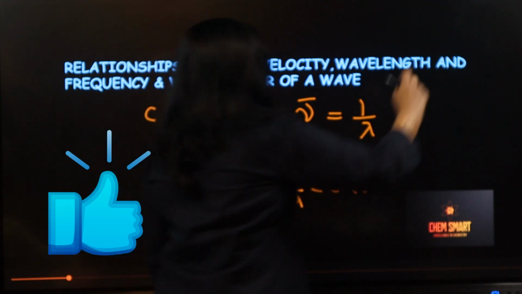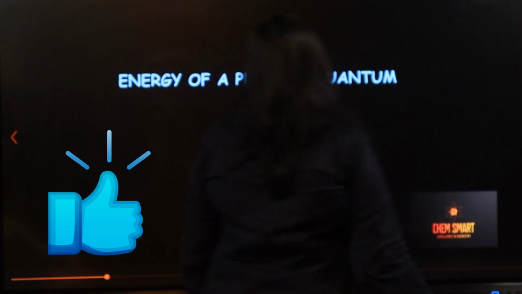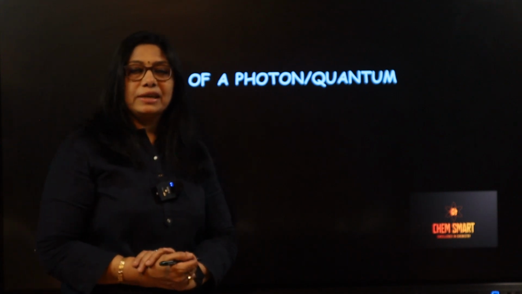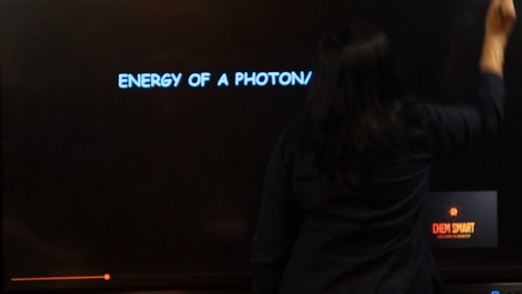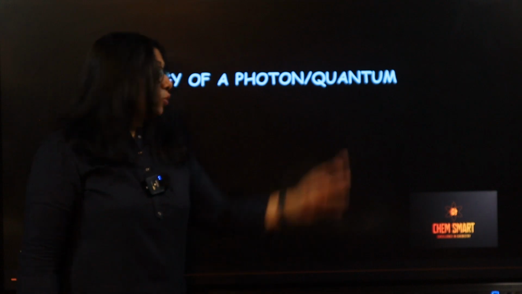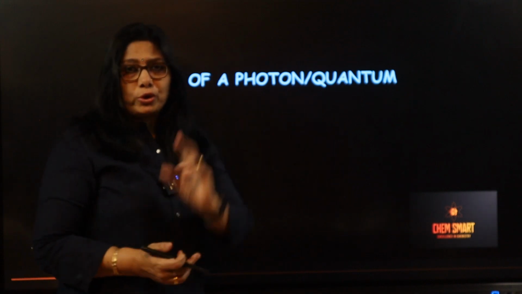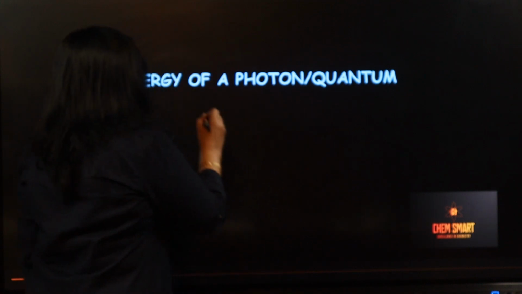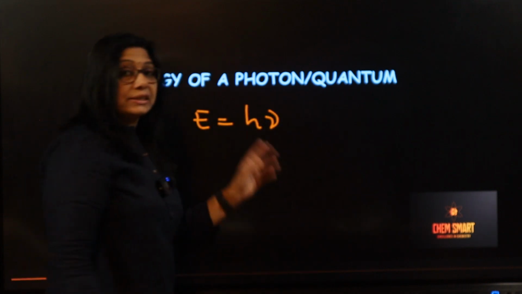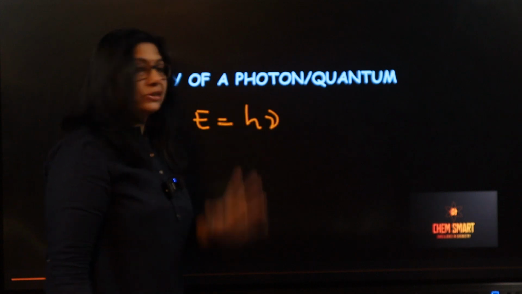Now, the next one. Energy of a photon or quantum. Photons are the particles of light. Quantum is the general term; photon is applicable for light. So, E is equal to h nu, where h is the Planck's constant and nu is the frequency.